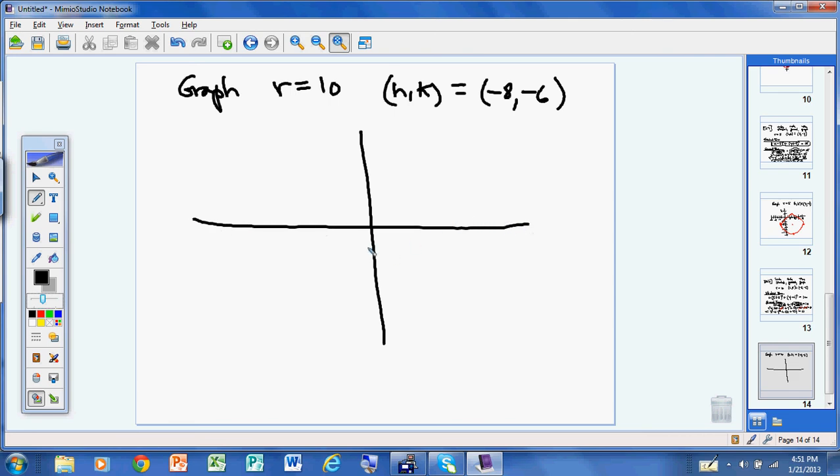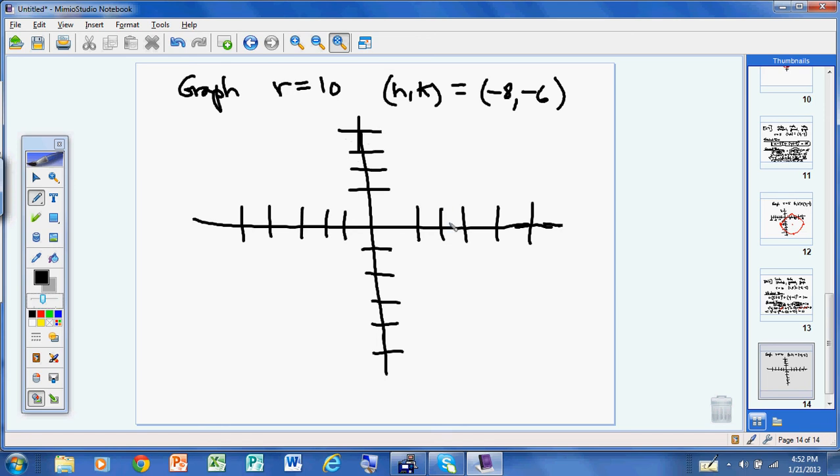Counting by 2, 2, 4, 6, 8, 10. Again, so this is 2, 4, 6, 8, 10. See how they're counting by 2's?